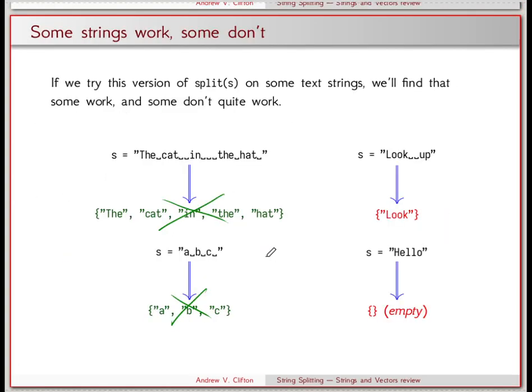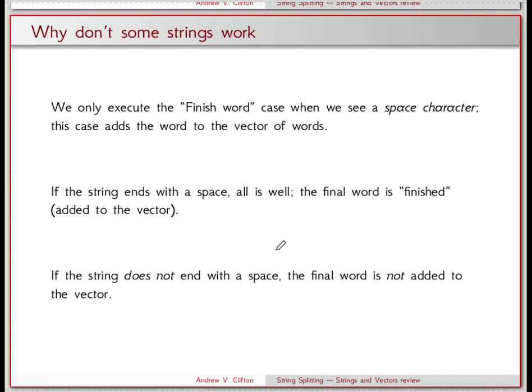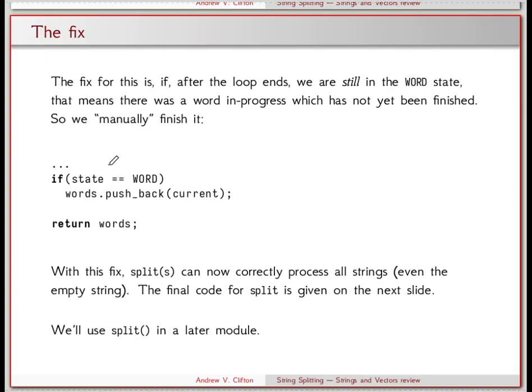So the trick for that is, just after the loop ends, we're going to add a little bit of code to basically say, are we still building up a word? If so, add it on to the end of the vector. To do that, we can just check the state at the end. This is after the loop. We have our for loop, and the curly brace ends the for loop here.